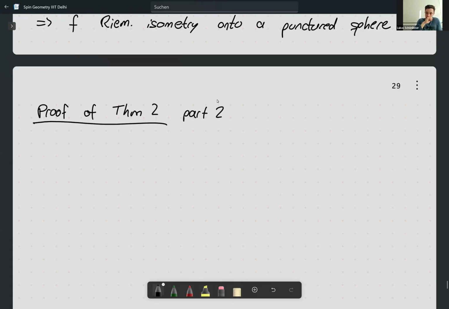And actually, I first want to talk about the even dimensional case, because last week I just said this as a black box, but it's convenient now to talk about this, so that it's then easier to explain why we do in odd dimensions what we do. And that's the step from local isometry to metric isometry for n even.